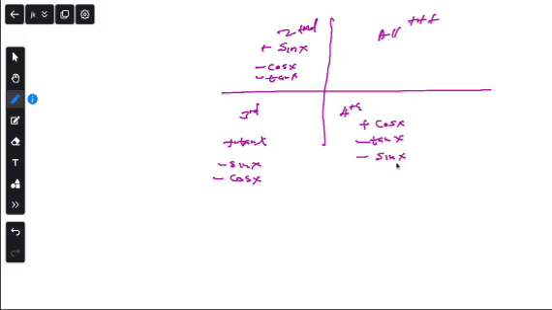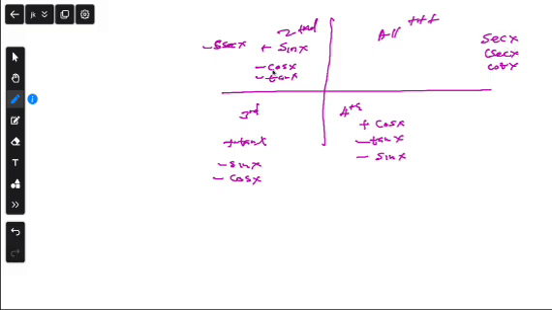Now, you and I know to say that we also have these other trigonometric identities, like we have secant, we also have cosecant, we also have cotangent. So if we say sine is positive in the second quadrant, meaning to say cosecant is going to be positive in the second quadrant. Cosecant is the inverse of sine, isn't it?